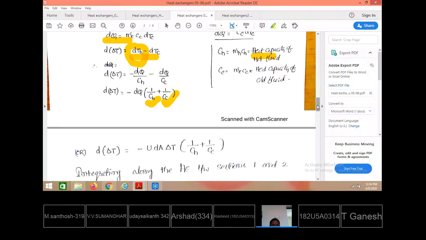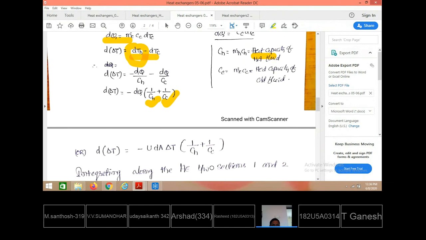From this relation, dq equals minus U into dA into delta T. These will remain as they are.